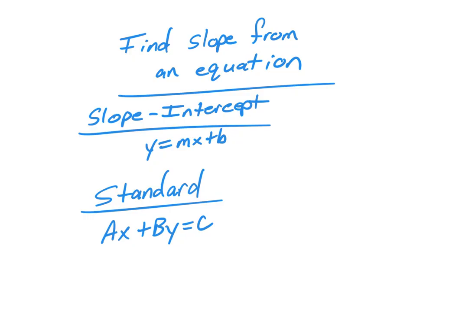Slope-intercept is a lot more user-friendly. And I say user-friendly because as I look at my equation, I can identify the slope. All I have to do is look at it. It's already in the format we want.